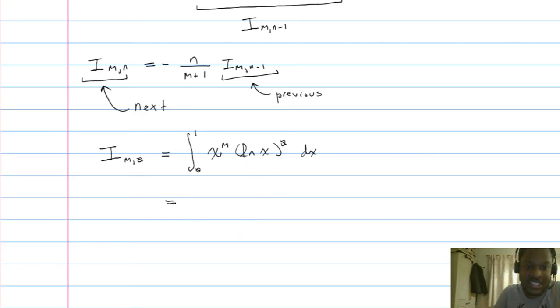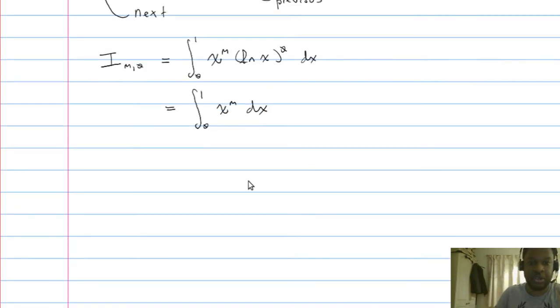And I think you can see now why I chose the bottom index as 0 instead of 1, because this simplifies the integral to the point where it's trivial. And I won't insult your intelligence by stepping through this. I think you can see that this integral is just nothing other than 1 over m plus 1, right?